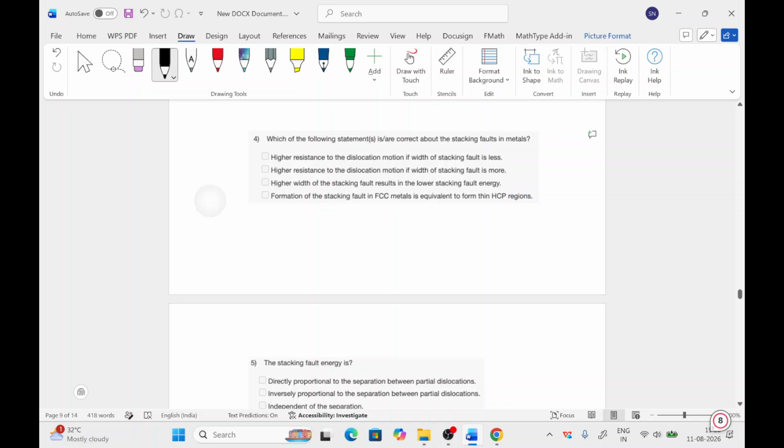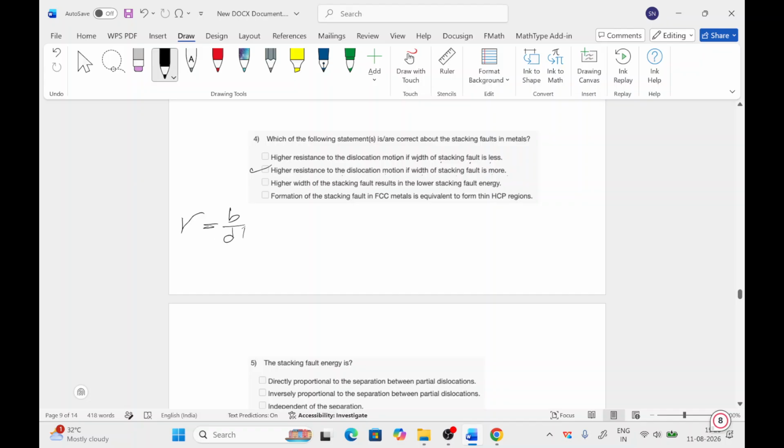Fourth question is, which of the following statements is correct about stacking faults in metals? Higher resistance to dislocation motion if width of stacking fault is less. No. High stress to dislocation motion if width of stacking fault is more. Yes. Stacking fault energy gamma can be written as Burgers vector divided by the distance between these partials.